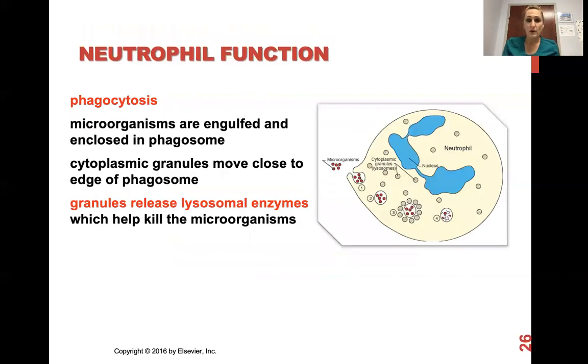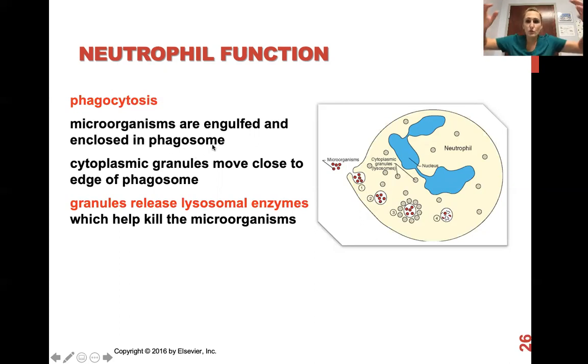Neutrophils' primary function is phagocytosis. So what happens is when they get to a microorganism, they basically engulf it and they create what's called a phagosome, which is kind of like a compartment, and they put the microorganism inside this phagosome.